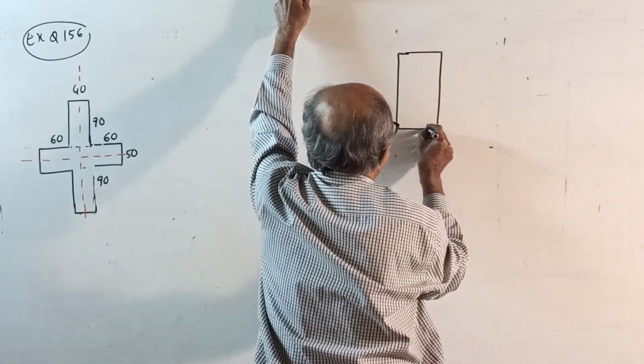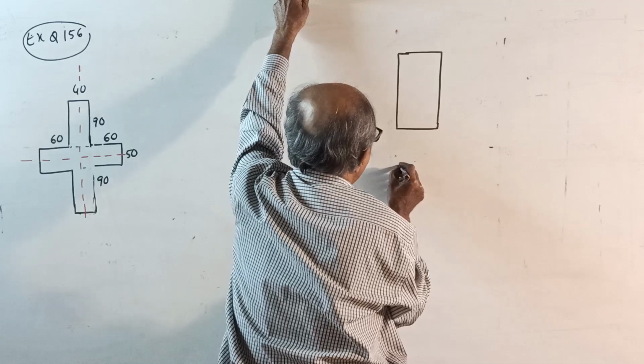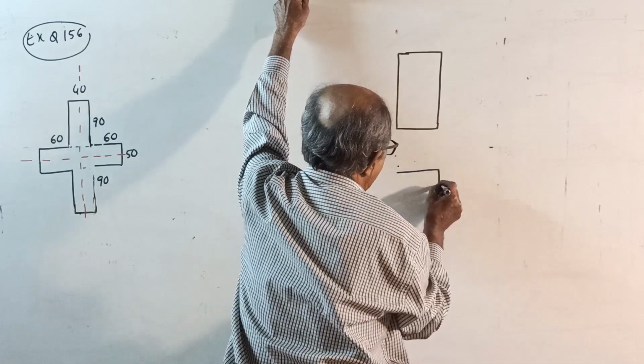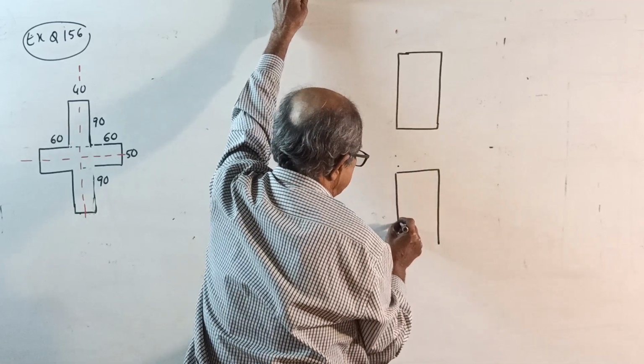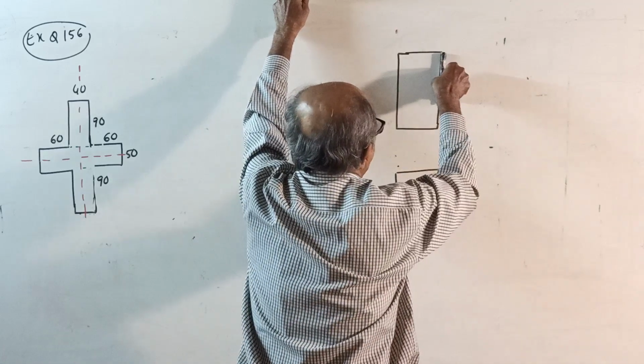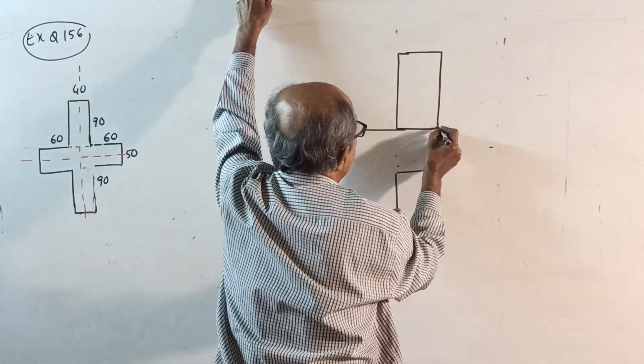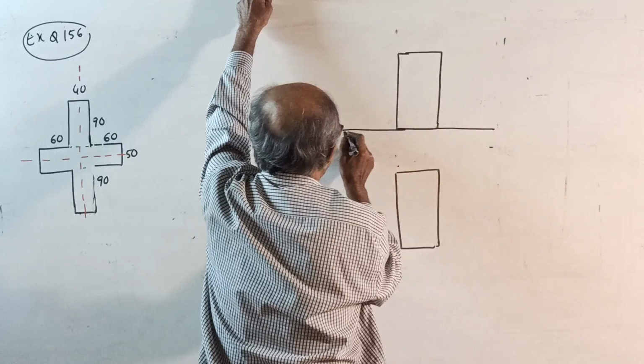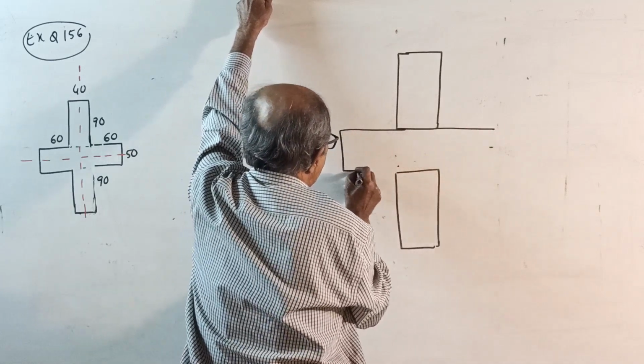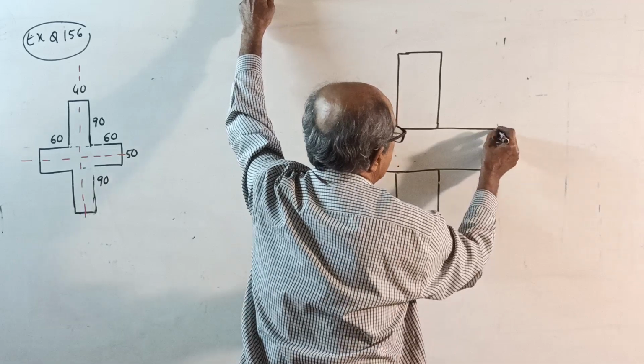Okay. 40 by 90. This is 50. Again 40 by 90. Reasonably okay. This is 60 offset here, 60 on both sides.